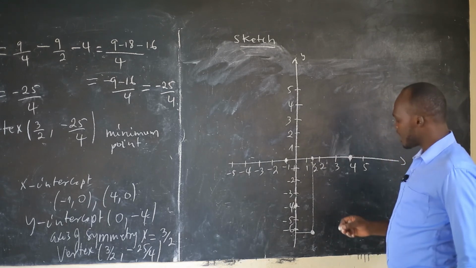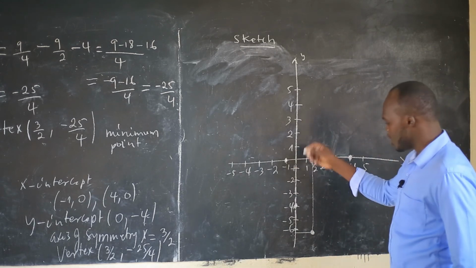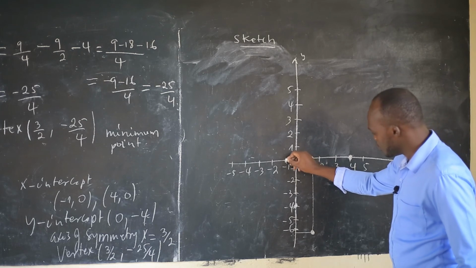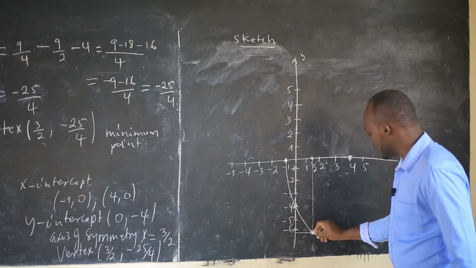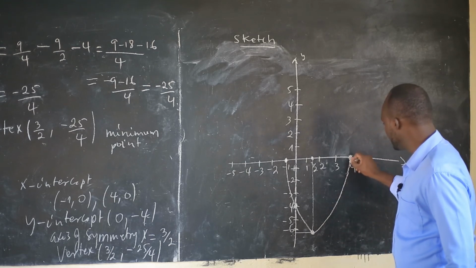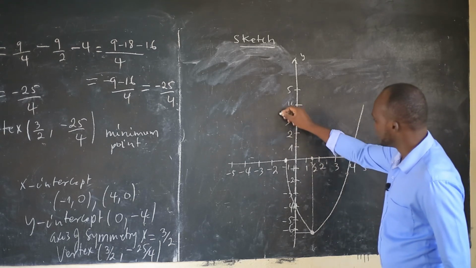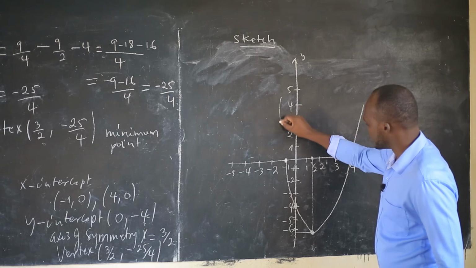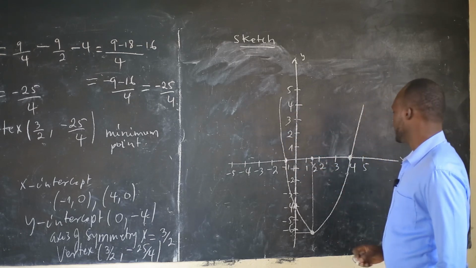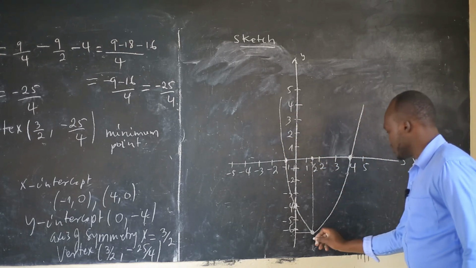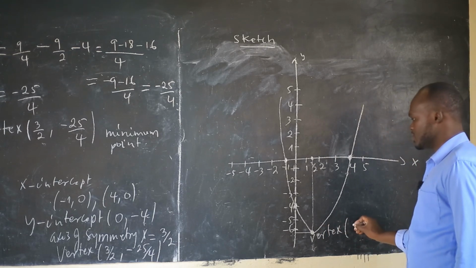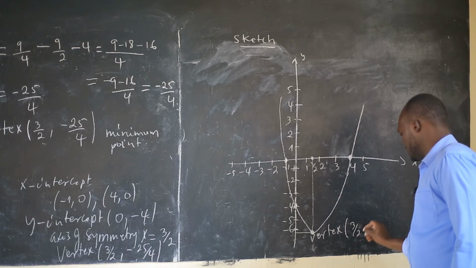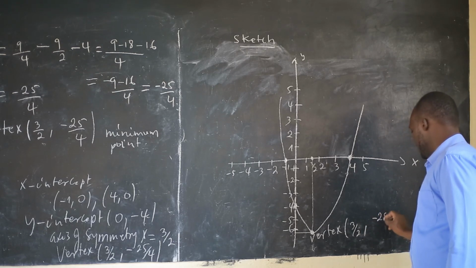So which means that our curve, because it opens upward, will be from here to here and it turns from here. When it turns, it goes up in that way. So that is its direction. So this is our curve. This is the vertex, which is 3 over 2 and negative 25 over 4.